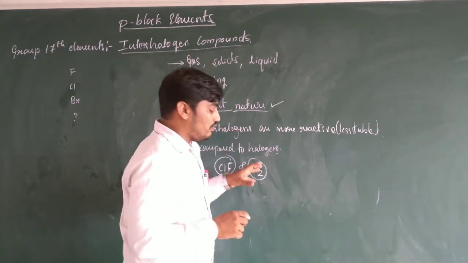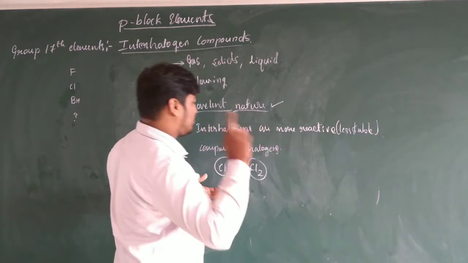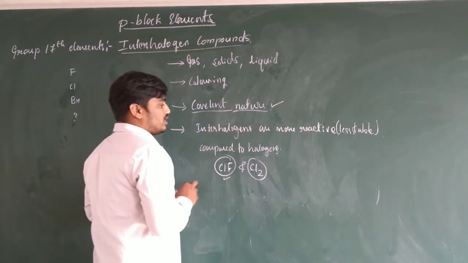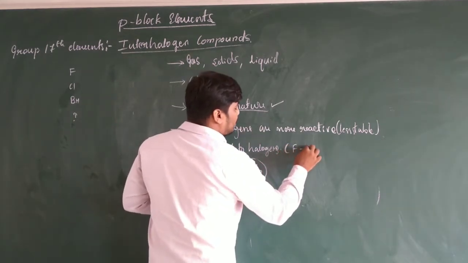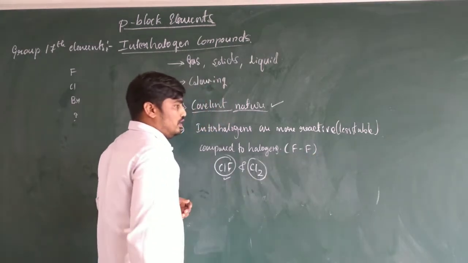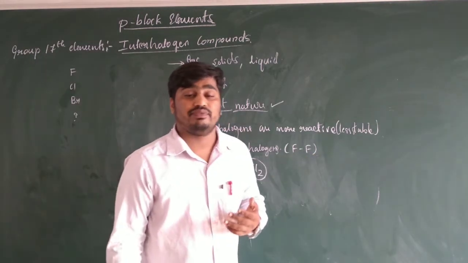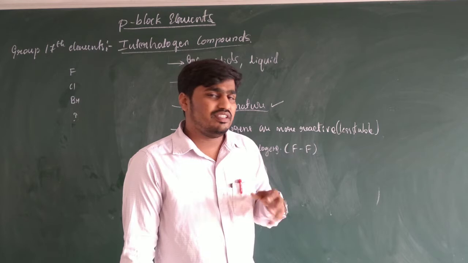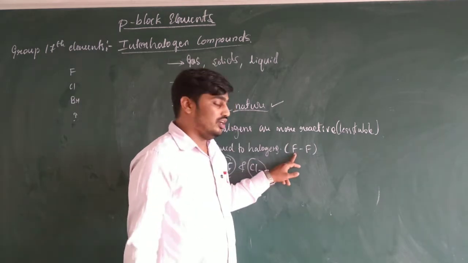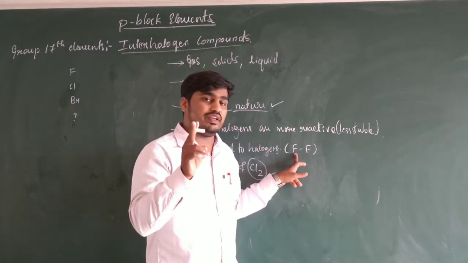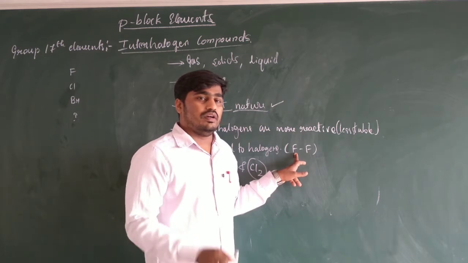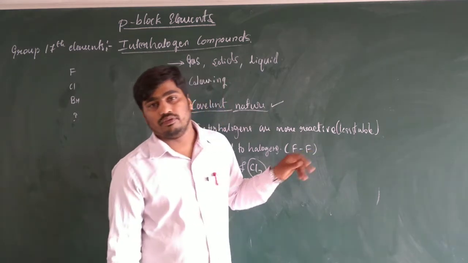Similarly, fluorine is exceptional. Only fluorine is exceptional. So here, except fluorine, F2 is more reactive. The reason for the greater reactivity of fluorine is the same as in the anomalous behavior of fluorine.